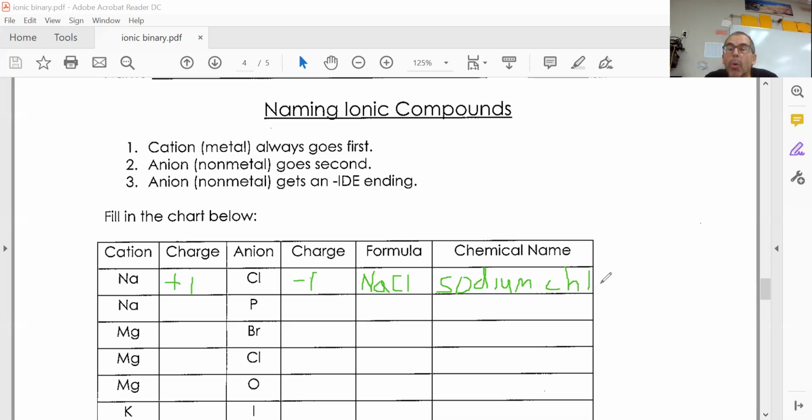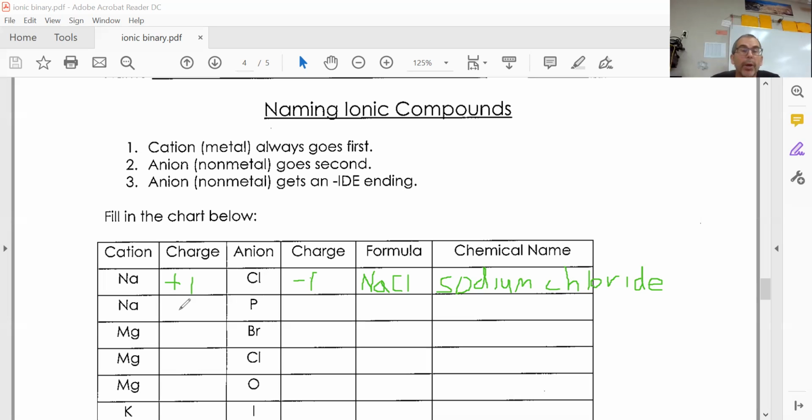So chlor, instead of INE, it becomes IDE right here. So the name for NaCl is sodium chloride. So the metal, then the nonmetal, changing the INE to an IDE.